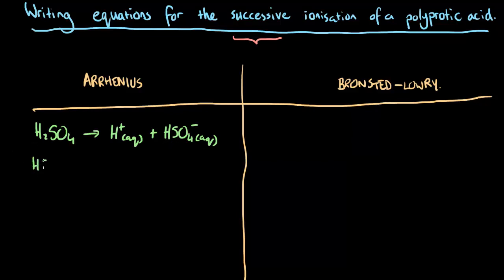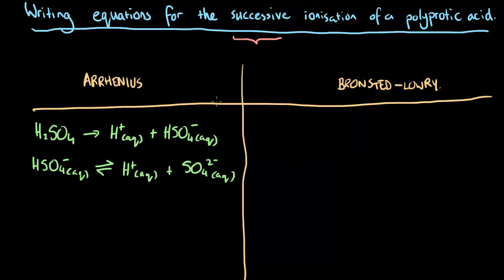So we take HSO4-. This undergoes a reversible reaction because HSO4- is a weak acid to form H+ and sulfate. Each time we did this step, we removed one H+ ion, so the product went down by one hydrogen and the negative charge increased by 1.